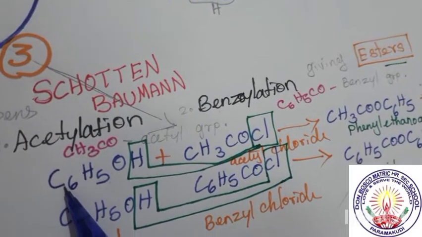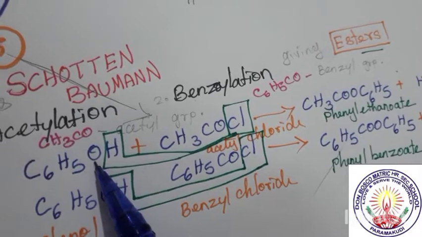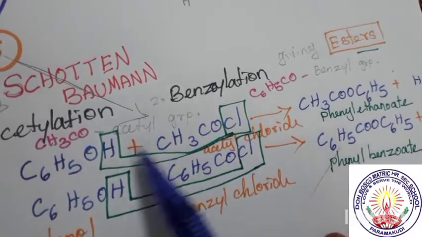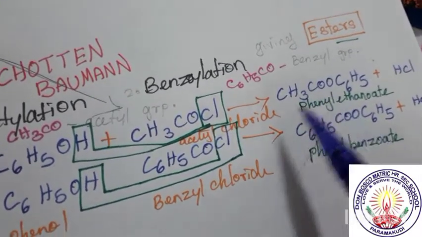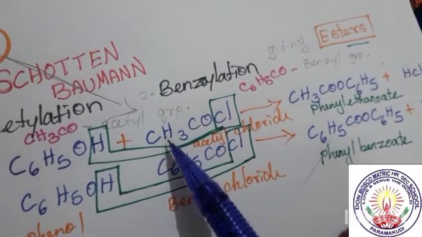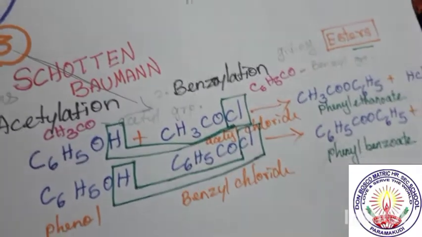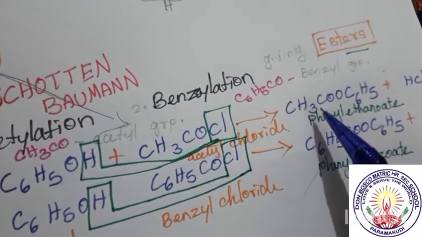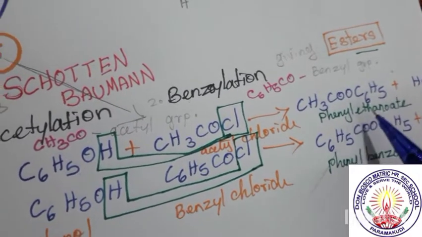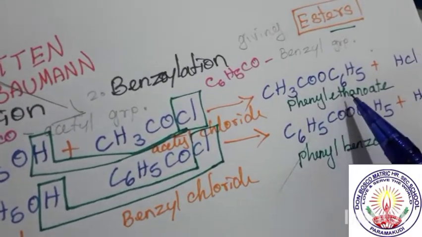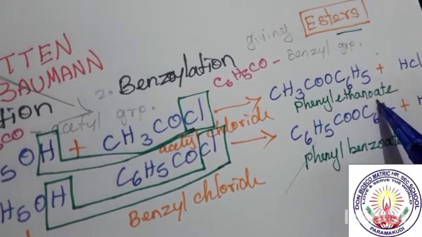The remaining is C6H5O COCH3. So CH3COOC6H5, that is phenyl ethanoate.